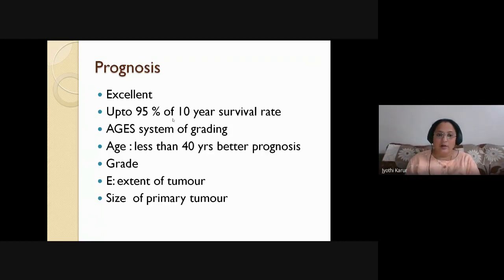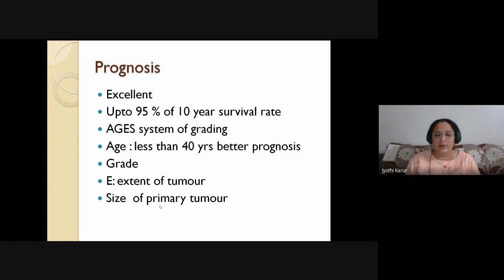There are different grading systems which predict the prognosis of any cancer. But for thyroid, we use the system called AGES. A stands for age, less than 40 years. Younger the patient, the better the prognosis. And then grade. If it is a low grade tumor, then definitely it has excellent prognosis. Extent of the tumor, whether it is restricted to thyroid or there is any lymphatic spread, and then size of the primary tumor.